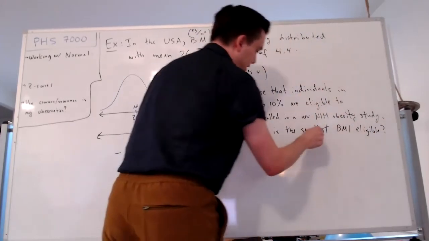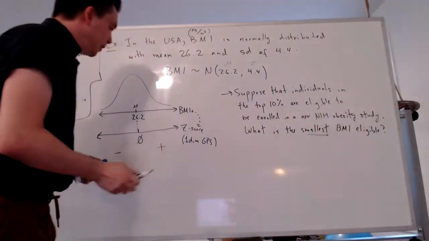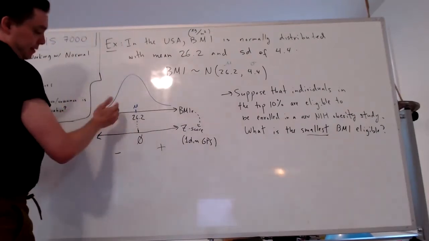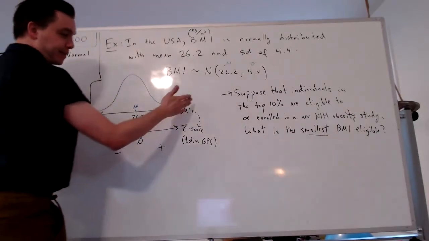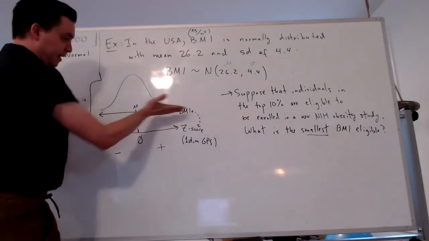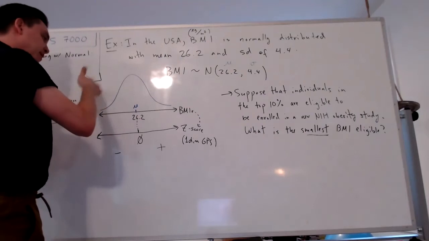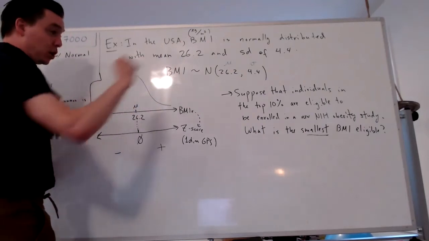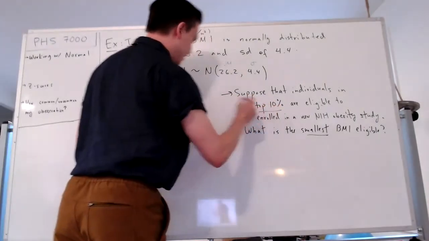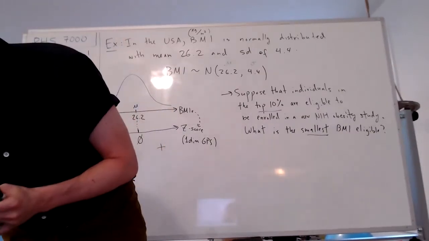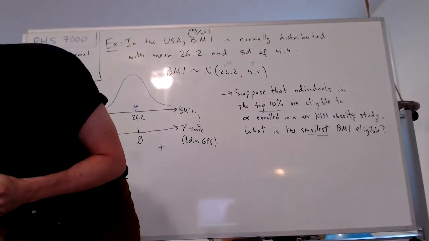So kind of weird wording. Why did I say the smallest BMI? Well, we're looking for the top 10%, right? So these are small BMI values. These are large BMI values based on how a number line works. Here is the mean, right? 50% below, 50% above. We know I'm looking for the top 10%. Top 10% are going to be, or is it 10, or did I ask for less?